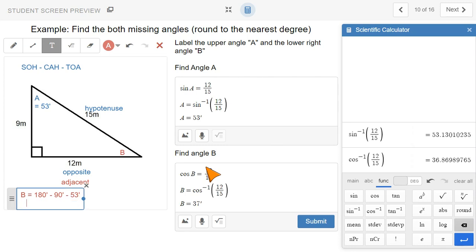And when we subtract it out, we get 37. So, two different ways to get to the same answer. One was a bit simpler, and this was a more complicated way.